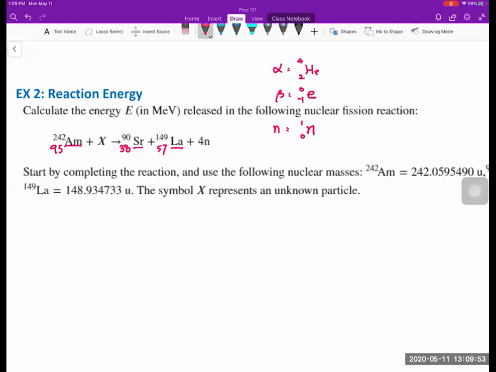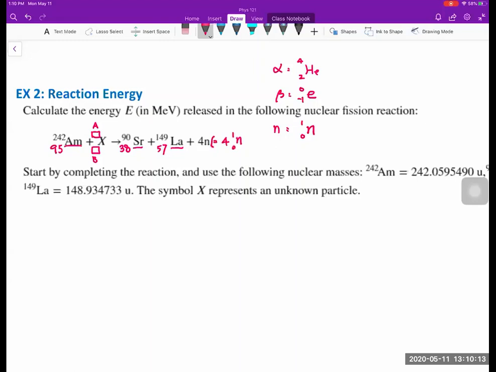So to find the value for X, let's say I have a number here and another number up here. This is my A number, this is my B number. I try to find what is the A, what is the B. I know this neutron over here is simply equal to 0 and 1.